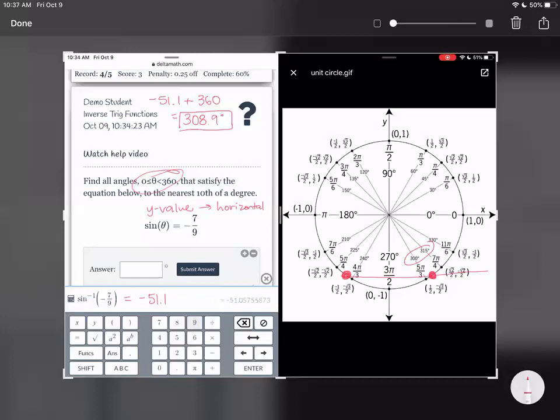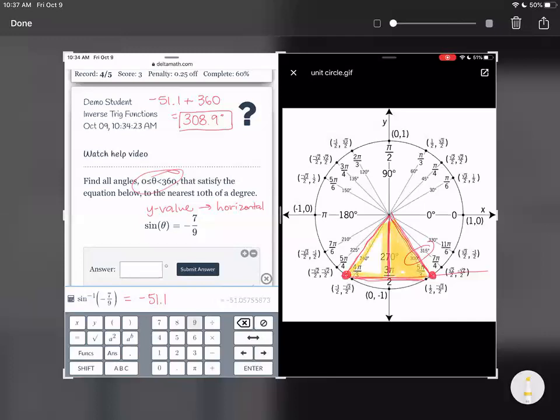So let me first mark this one. We're going to just draw those triangles again. Two congruent triangles. There we go. Here's our first triangle, and then here's our other triangle.